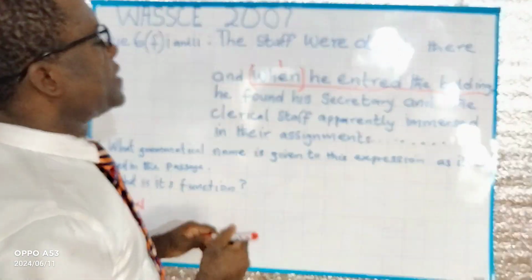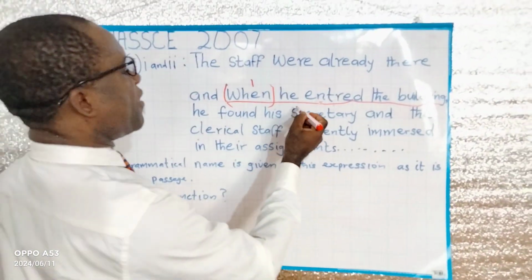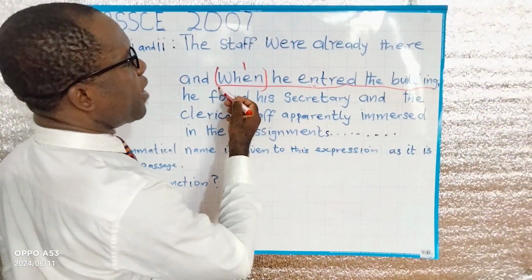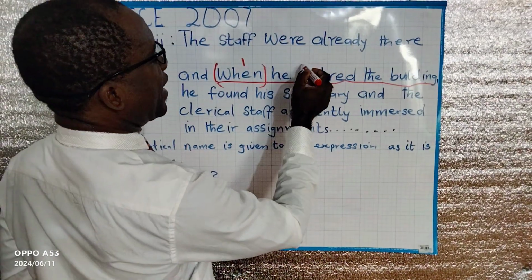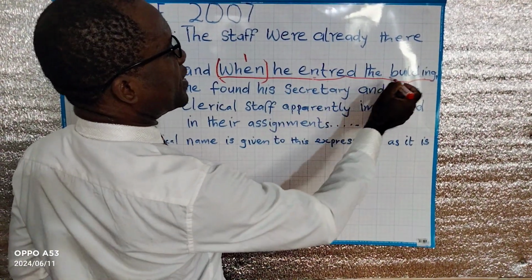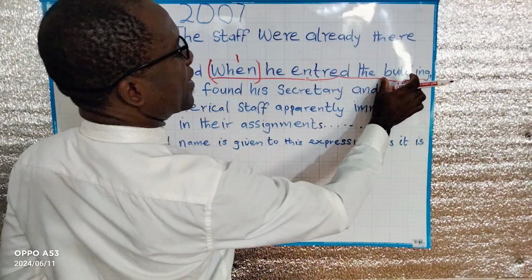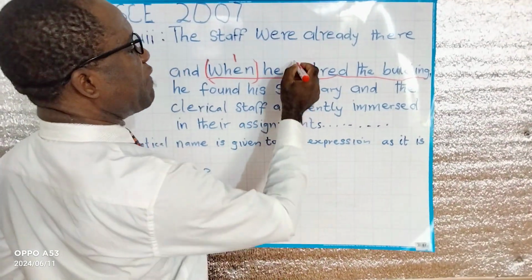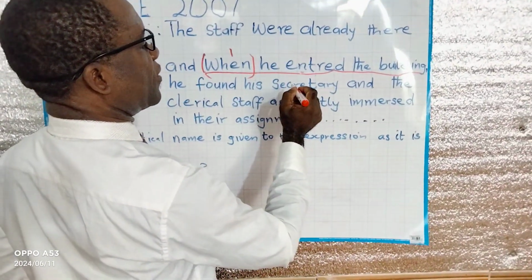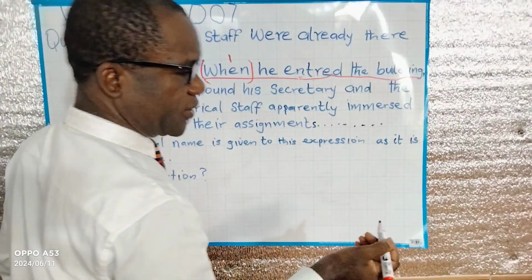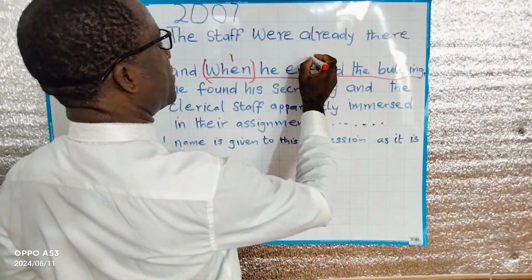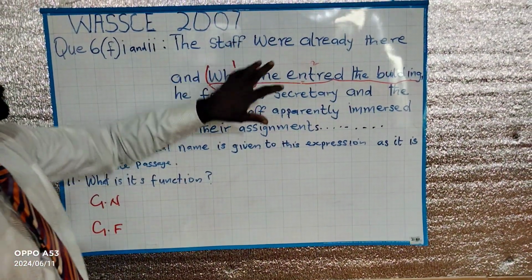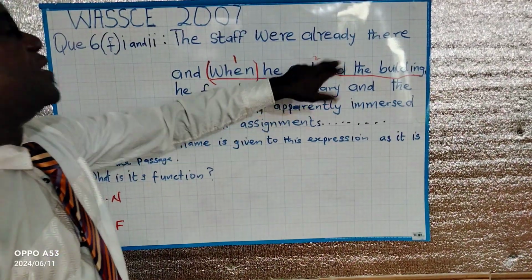The first is that it must be the main verb element of the underlined expression. So from "when" to "building," "entered" is the main verb element here. The "building" here is a noun, a nominal element, even though there's "ing." So the only verbal element here is "entered," and it's in the past tense. So we take this to be our finite verb. So what it means is that the expression has passed test 1 and test 2.